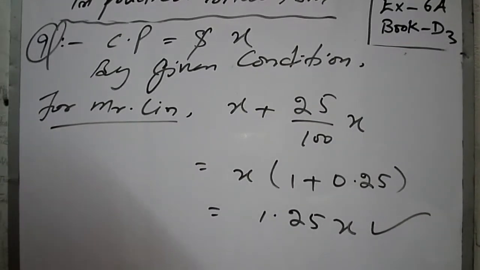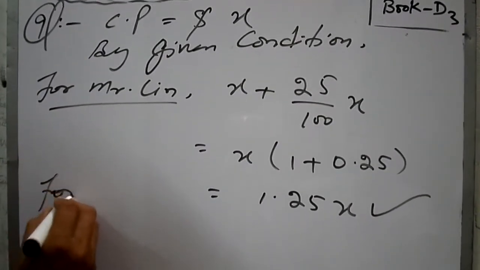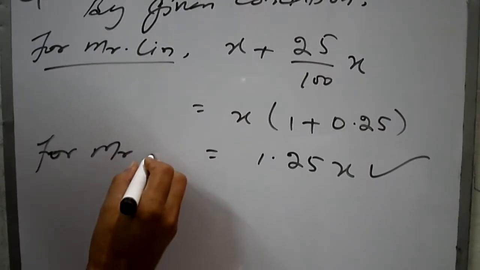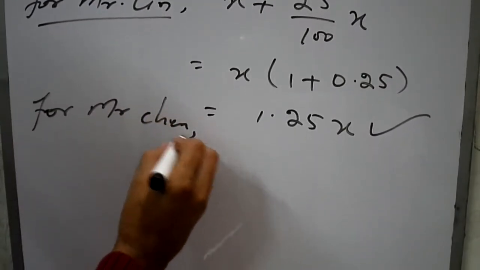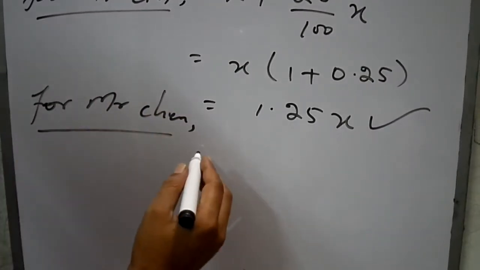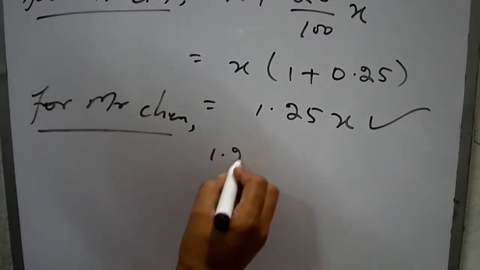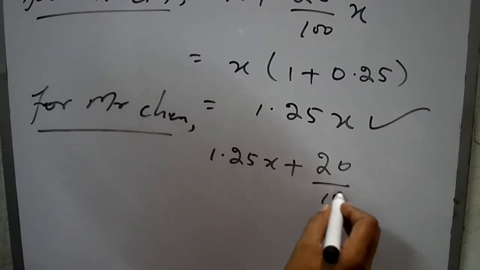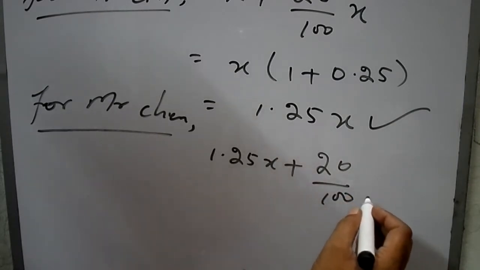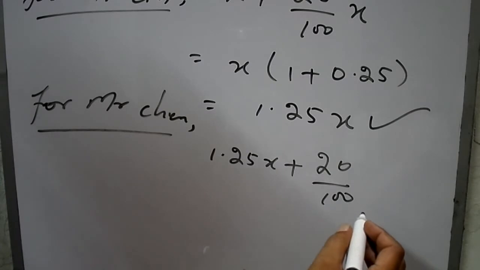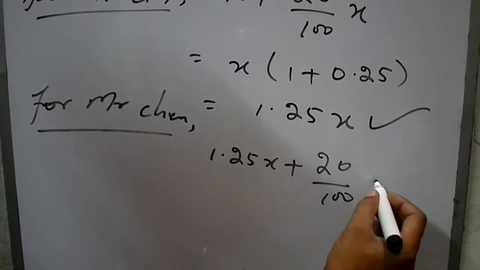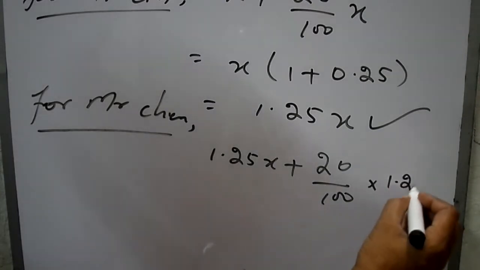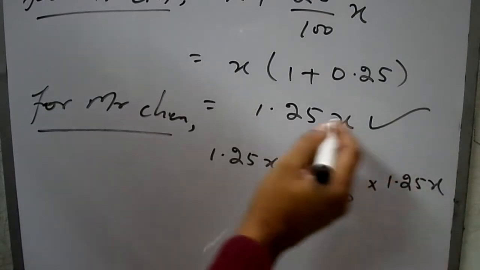Now for Mr. Chin. For Mr. Chin, the given condition is 1.25x plus 20% further he gains. So that is your result, that is, multiplied by 1.25x, 20% of this.